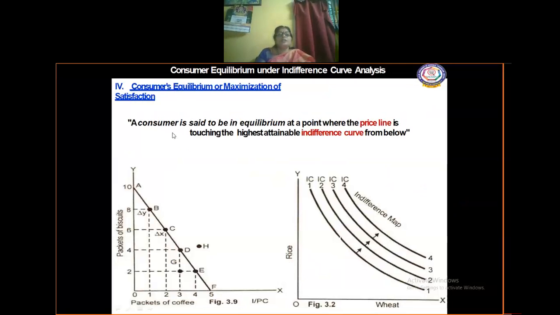So you can see that a consumer is said to be in an equilibrium situation where the price line is touching the highest attainable indifference curve from below. So this is the original one, that is the inferior one. It is the lower one, and the highest one we are going to see is the curve that touches the equilibrium point.